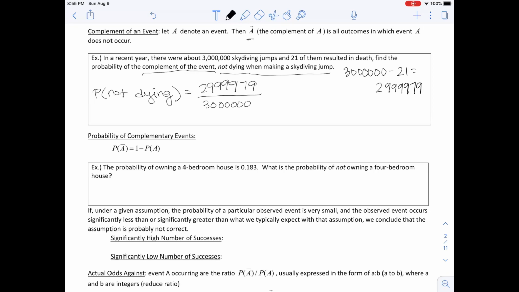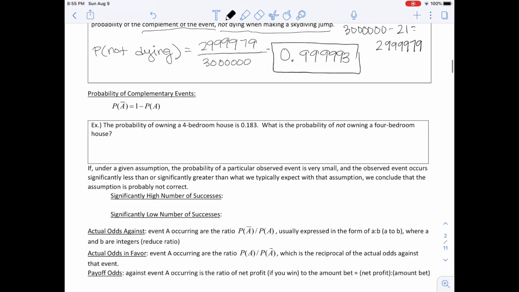That's going to be our numerator. Dividing this out, you get 0.99999 and then a 3. So it looks like the probability of not dying while doing a skydiving jump is pretty close to 1.